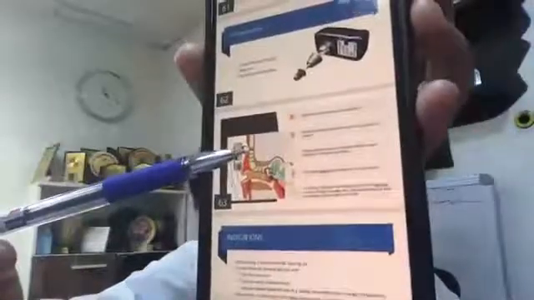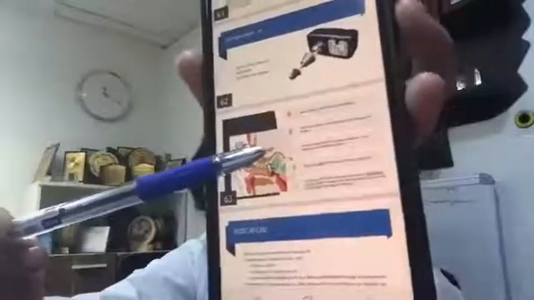Through this implant, sound is generated and transferred to this titanium screw, which is fixed into our bone, and through this titanium screw the sound is directly transmitted to the cochlea. Cochlea is once again the inner ear. Once again it produces fluid vibration and stimulates the inner hair cells, and they produce electrical stimulation, and once again this is transferred to the brain.